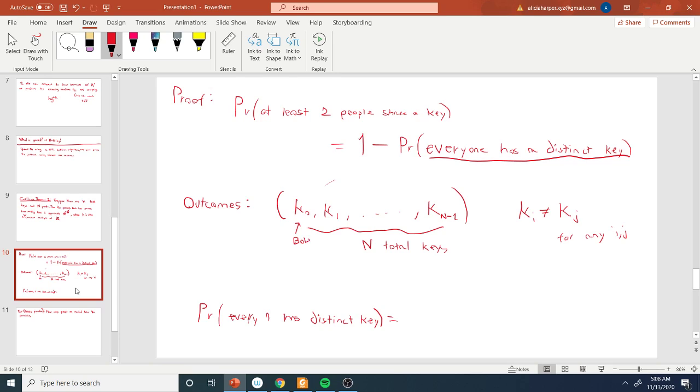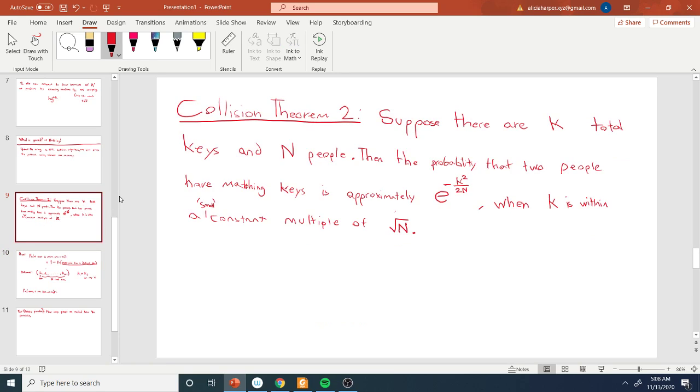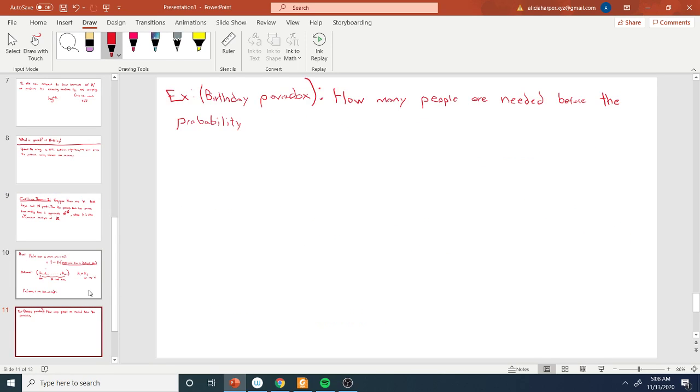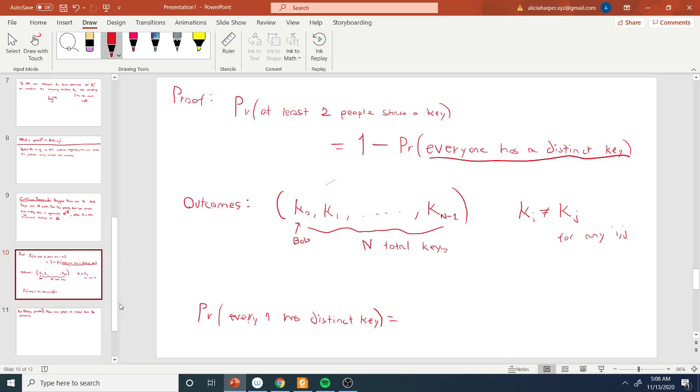And so let's imagine Bob chooses his key first. Well, Bob has k total choices to draw from. And so he can select any key with probability 1 and know that it's not used by anyone because he's the first person choosing it.